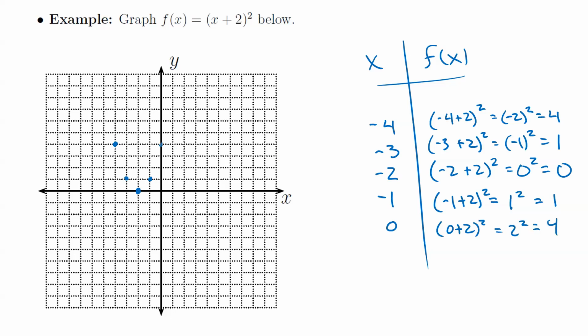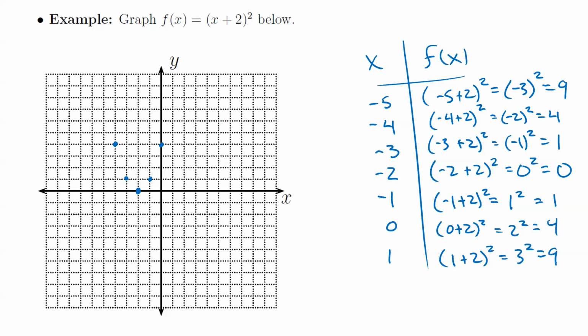Right. And then we can probably make a pretty good guess as to what will happen at negative 5 and at 1. We get 9 for both of those. Right.